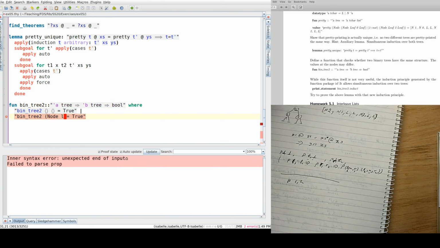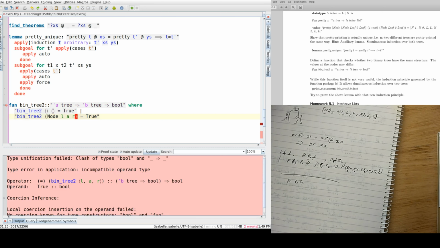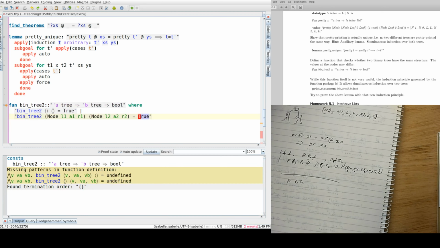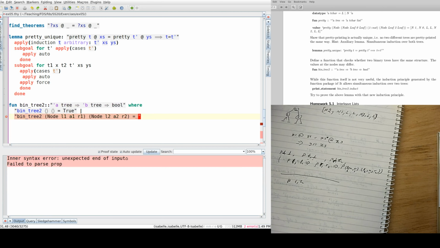So L1, A1, R1, and L2, A2, R2. And then it calls itself, the most important thing is that it does a recursive call that follows exactly that pattern there, okay.